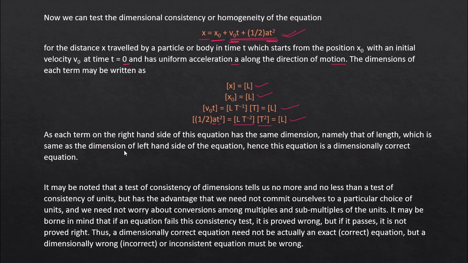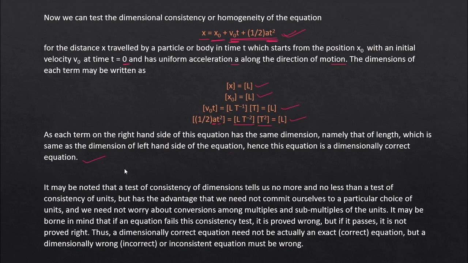As each term on the right hand side of this equation has the same dimension, namely that of length, which is the same as the dimension of the left hand side, this equation is dimensionally correct.